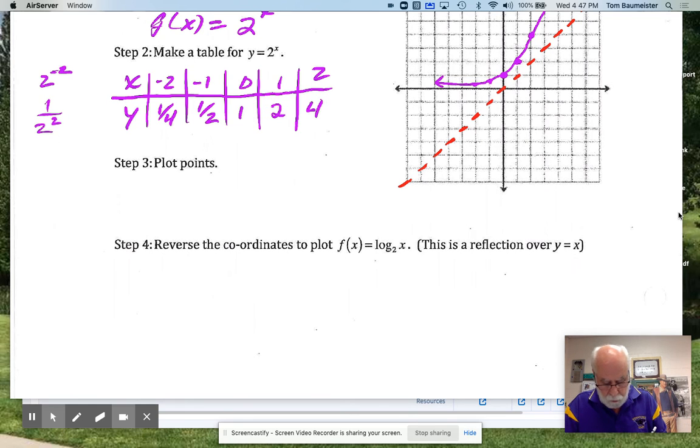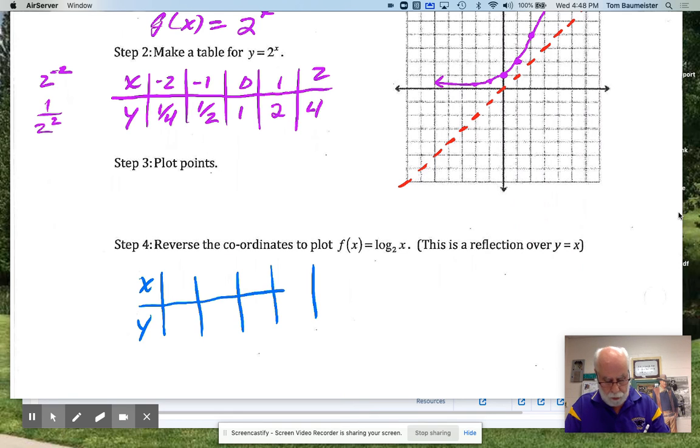So we're going to have x, and again, we're going to have y. So y is at -2, -1, 0, 1, and 2. And x is now 1/4, 1/2, 1, 2, and 4.